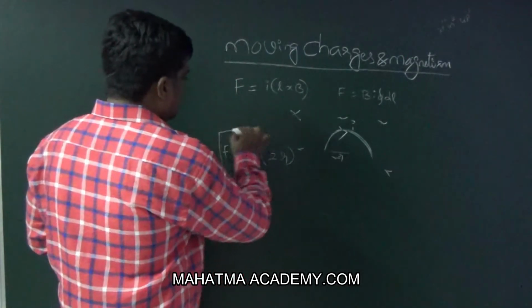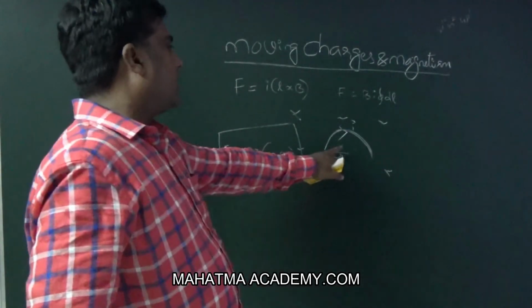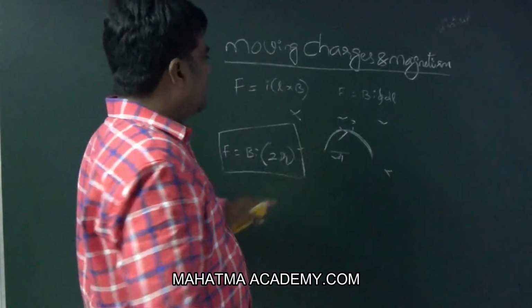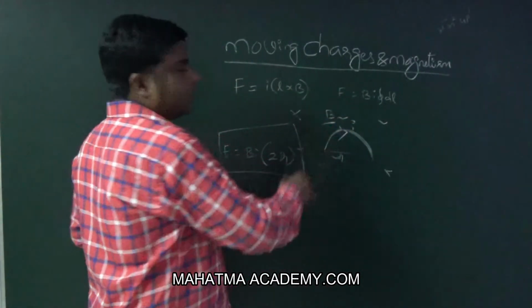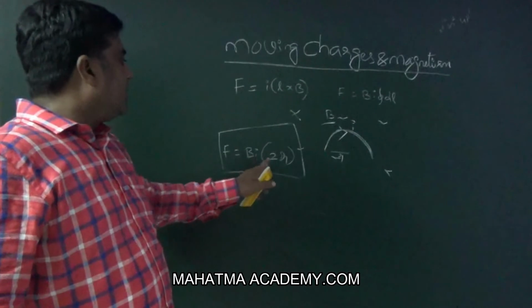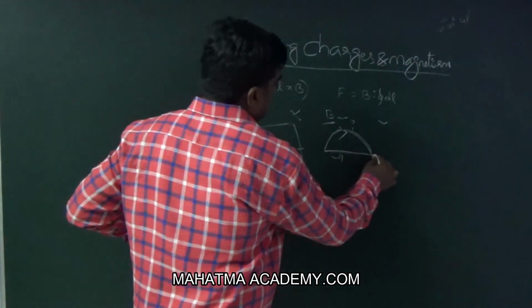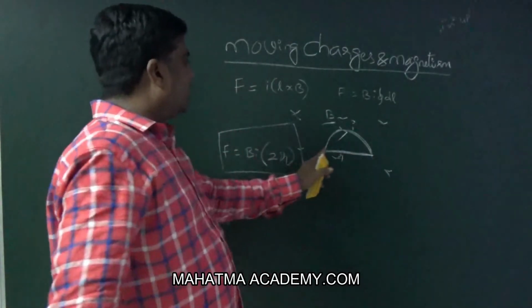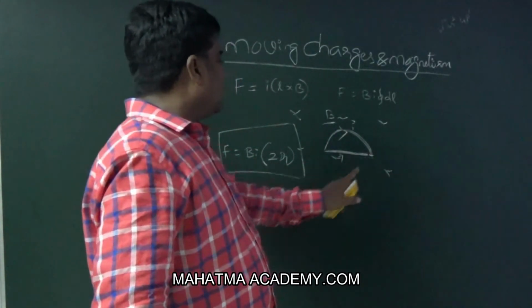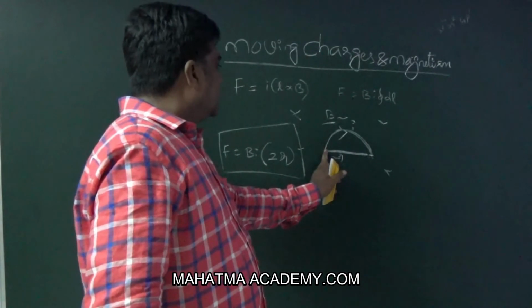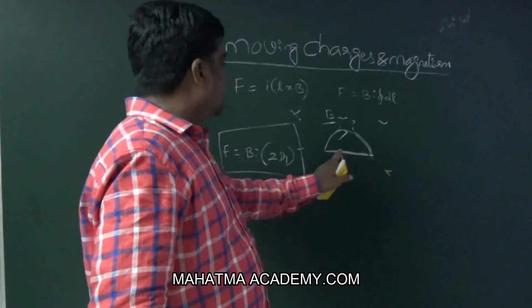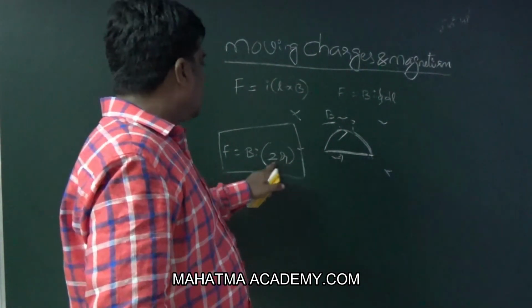So the total force on the semicircular current carrying conductor placed in the external magnetic field B is F equals B I 2R. This is the total length, if integration is taken over this part, we get length 2R.